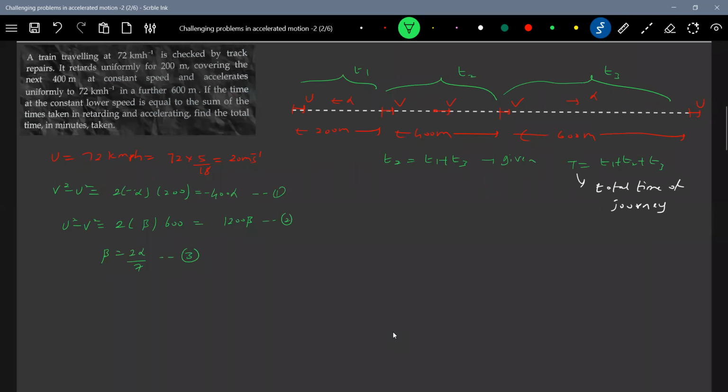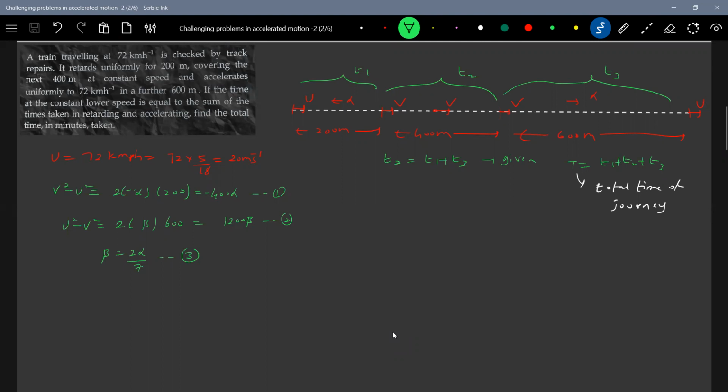So we'll do one thing. Next, again, T2 plus T1. What are the equations we can write further? T2 equal to T1 plus T3.